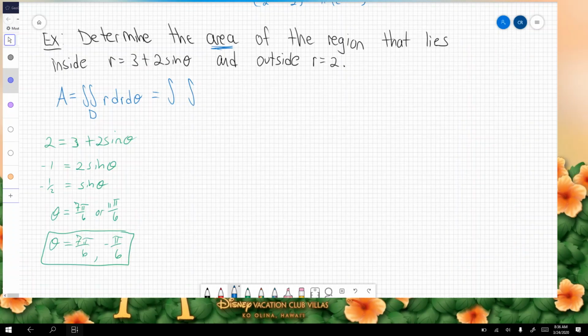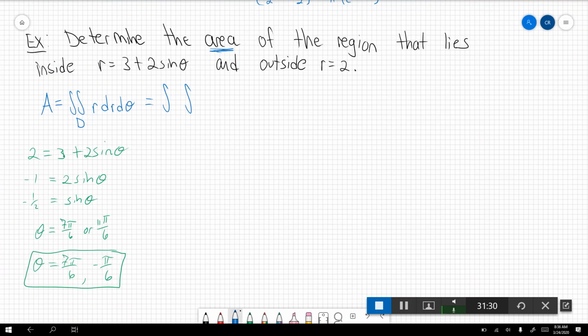That means it starts at the circle, radius 2, and it goes out to the function 3 plus 2 sine theta. Angle measurements go from negative π/6 all the way to 7π/6. And this is going to be integrated with r dr d theta.